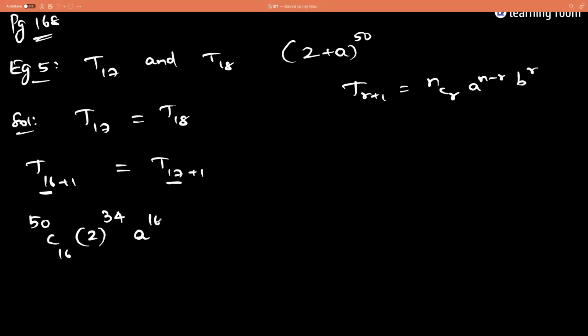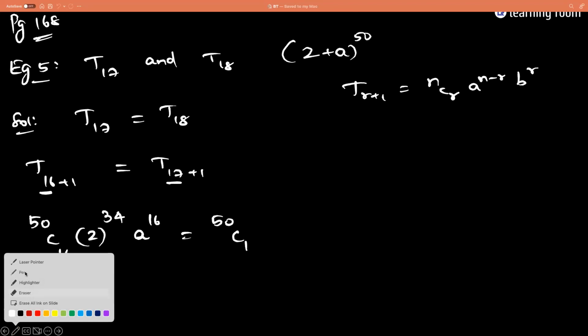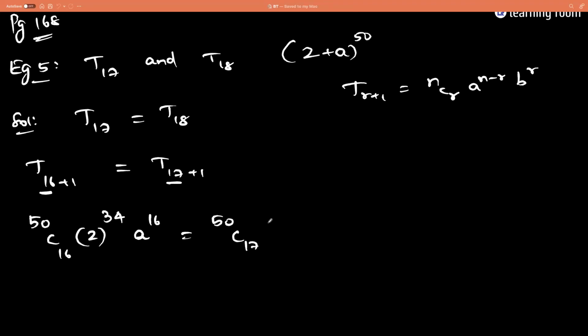Can I write this? This will be equal to 50C17 into 2 power 33 into a power 17. Any doubt in this step?